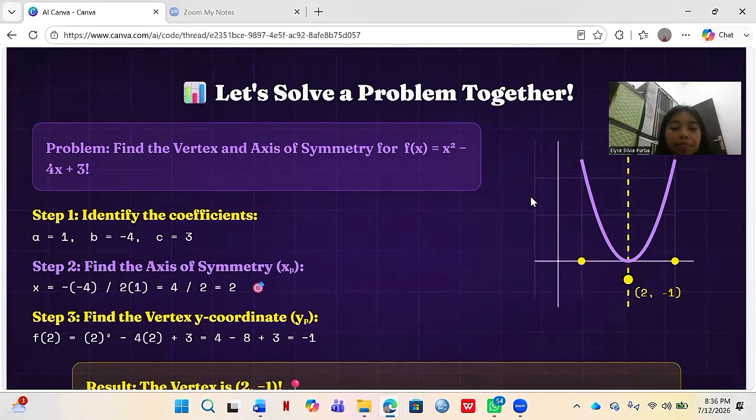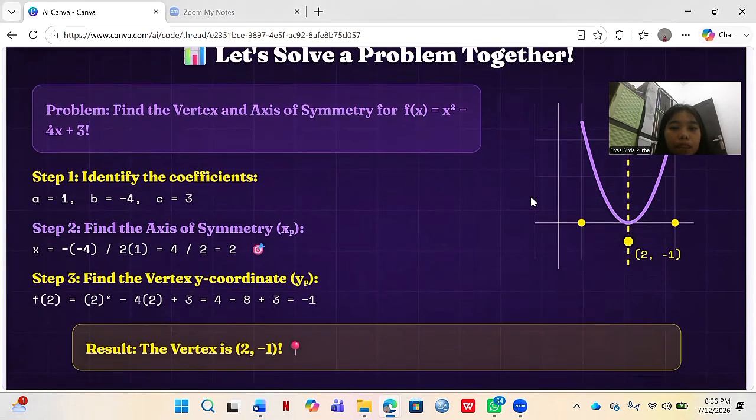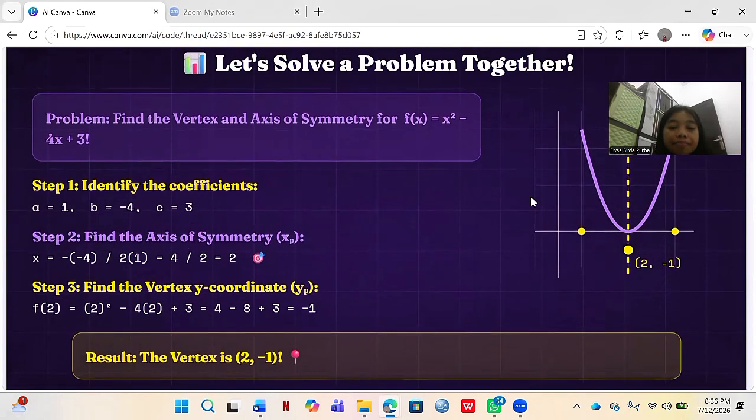Let's practice with a step-by-step problem to make sure we understand. We want to find the vertex and axis of symmetry of the function f of x equals x squared minus 4x plus 3.